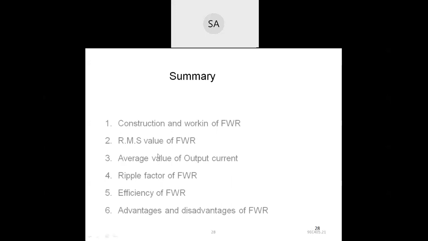So these are the topics covered in our lecture, that is, construction and working of the center tapped full wave rectifier, which we discussed in today's class.